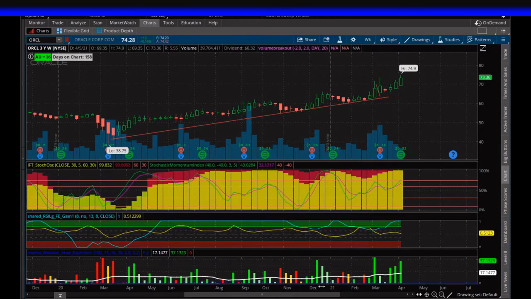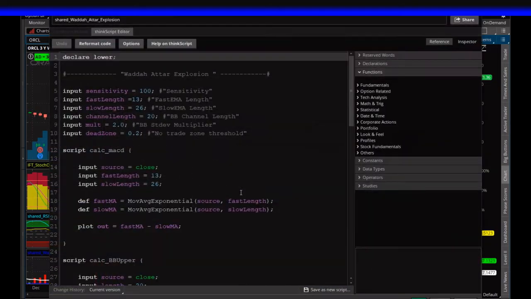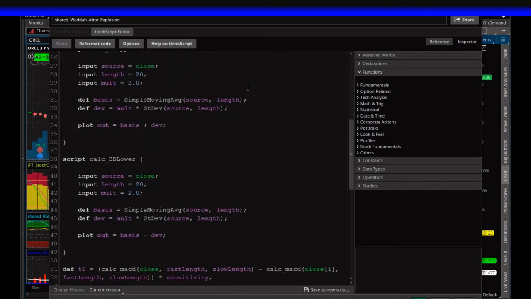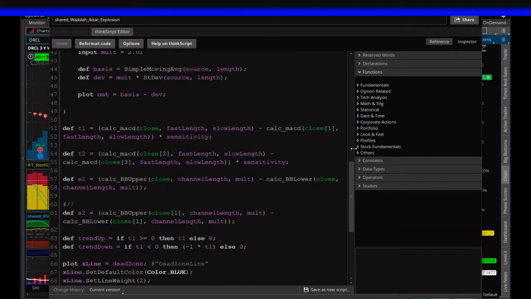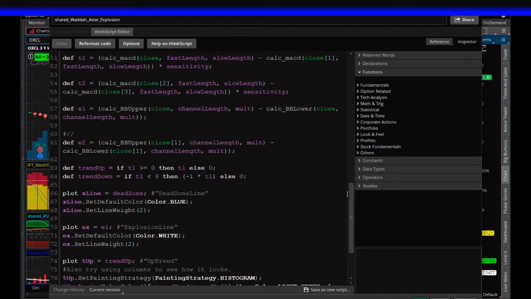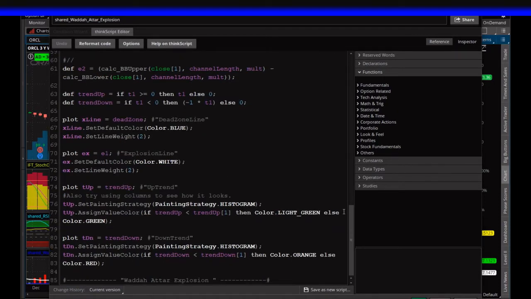So, let's see, I think I got this over at Use ThinkScript. So go over there and grab that, or if you want to just type it out, go ahead and type it out here. It's a little bit of typing, but no biggie. And perfect.